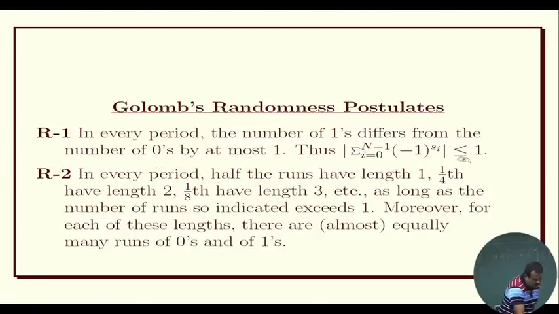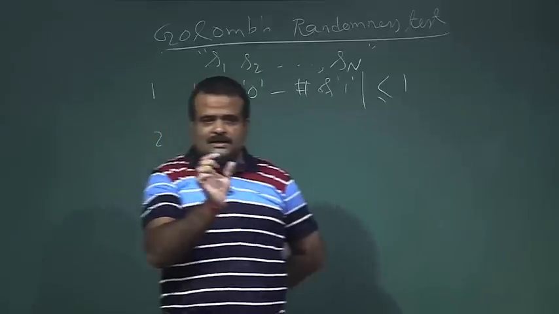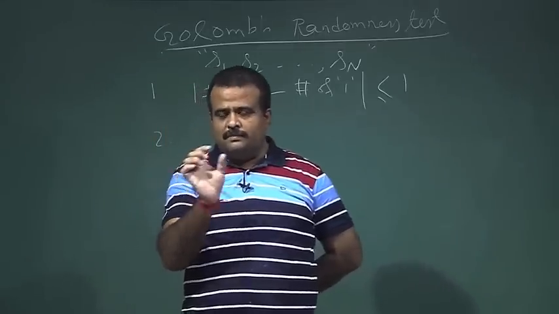Now, if we consider the runs, in every period half of the runs should have length 1, 1/4 of the runs should have length 2, 1/8 should have length 3, and so on. This is the second condition. It is about the runs of a sequence. A run means consecutive bits.